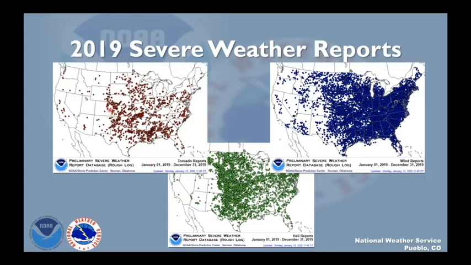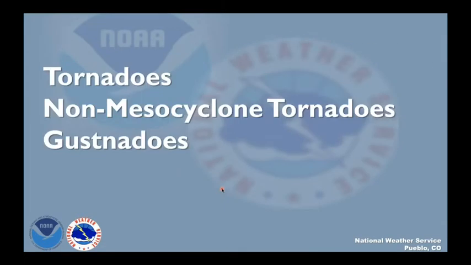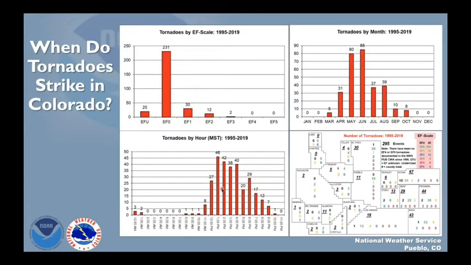Northeastern Colorado does. We get a fair amount, not as much. We are notorious for hail though. We thank the mountains for that. So there are differences between tornadoes, non-mesocyclone tornadoes or landspouts, and then gustnadoes. That seemed a little out of place, but whatever.